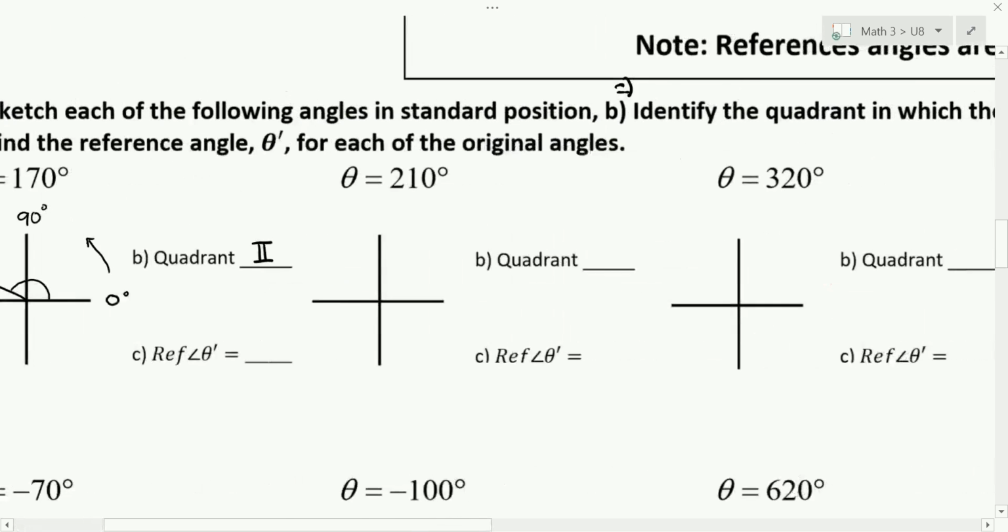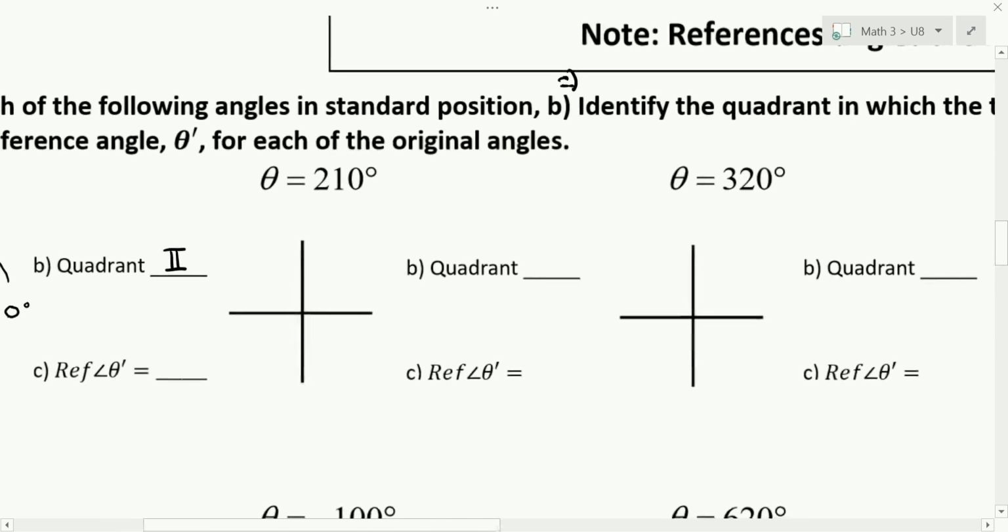210 degrees. Same way, you start in the same spot, 0 degrees. That's your initial ray or starting point. 210 is positive, so we're moving in the counterclockwise direction, counting by 90s until we get a little past 210. So what's the next one? 270 degrees.